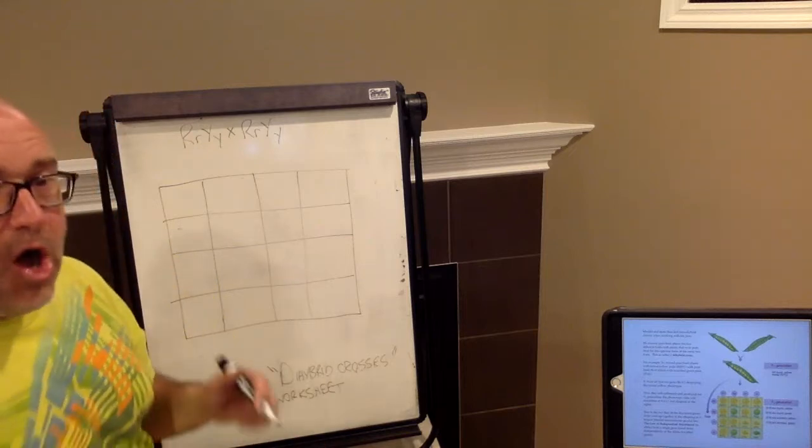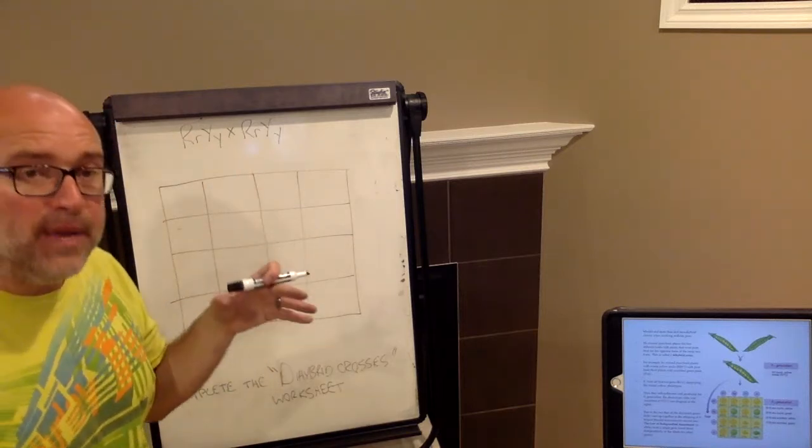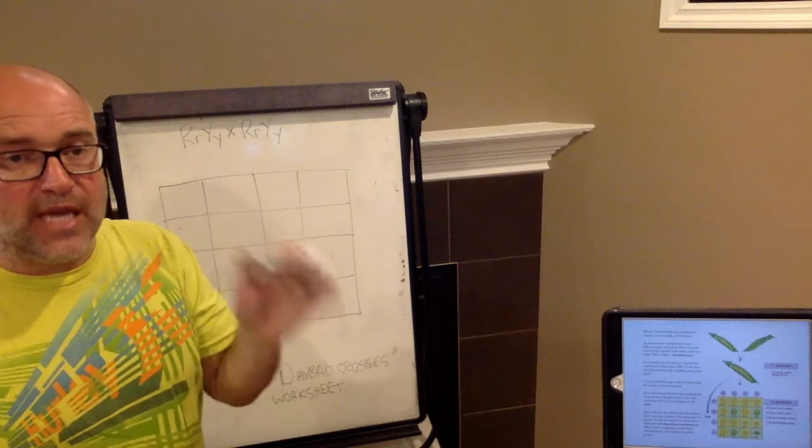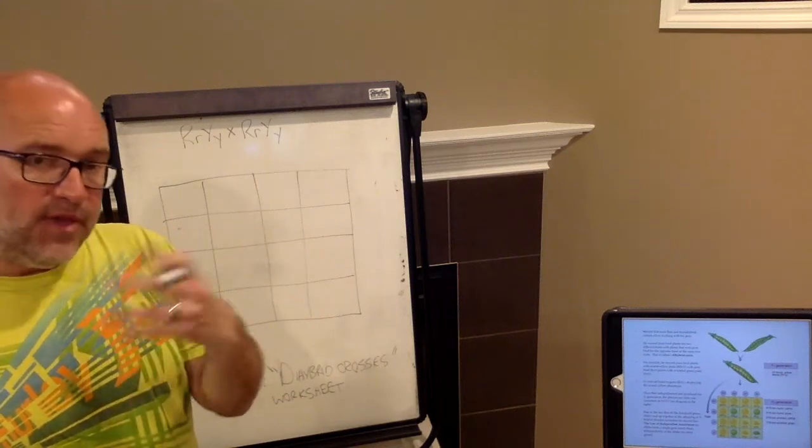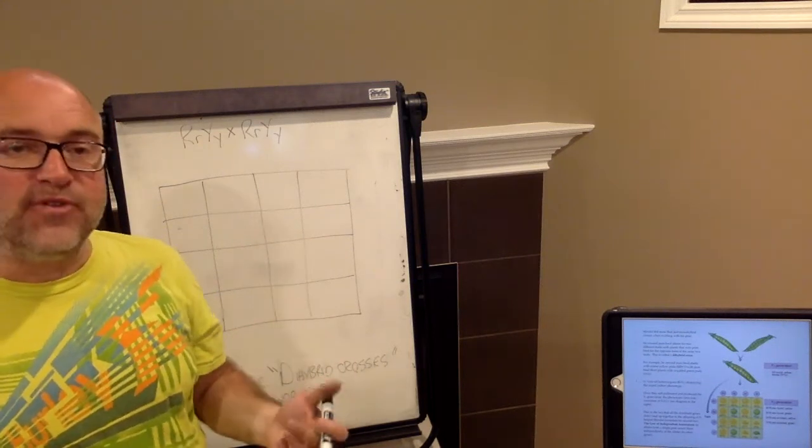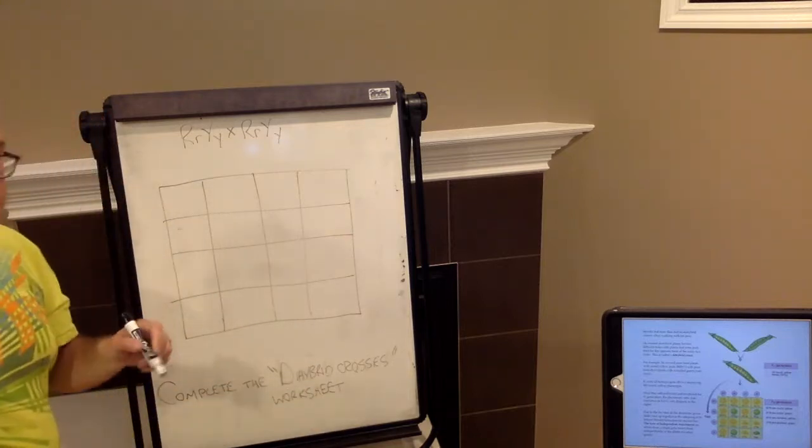But in this case, they're all still going to be phenotypically round and yellow, but they do carry the wrinkled and the green alleles. So how do I run this into my Punnett square? This is what you do.